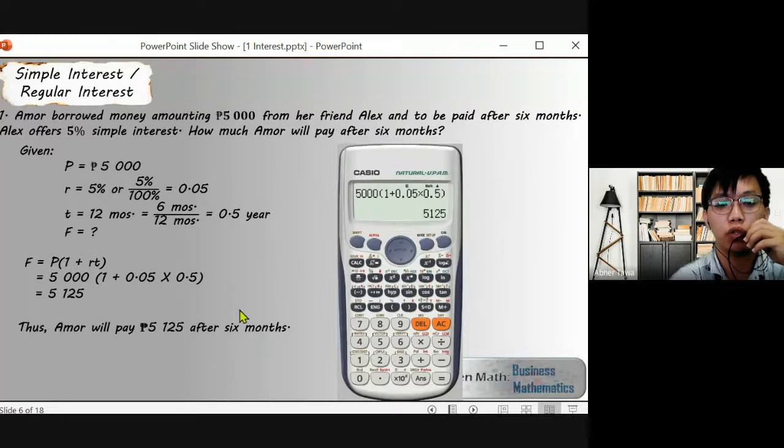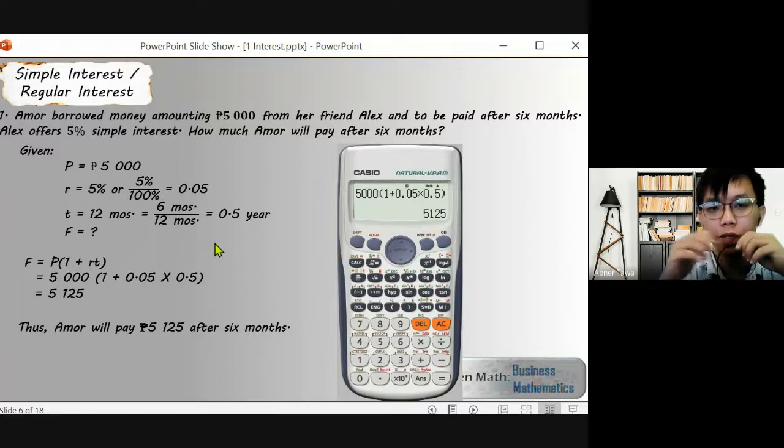That is the future value of the money he borrowed. So after 6 months, for the 5,000 he borrowed, he needs to pay it back with an additional payment of 125 pesos. So the total amount he will pay from the money he borrowed is 5,125 pesos. Okay? So that is our first example.